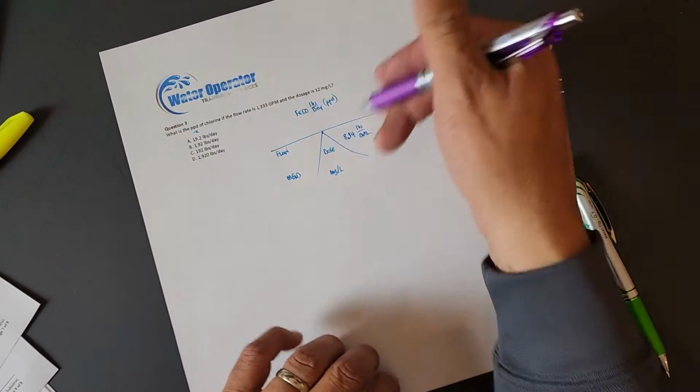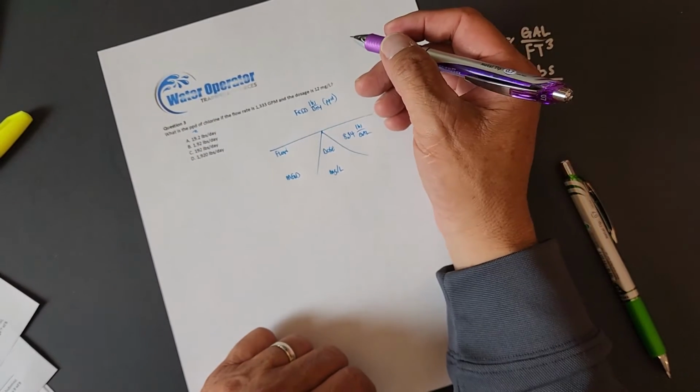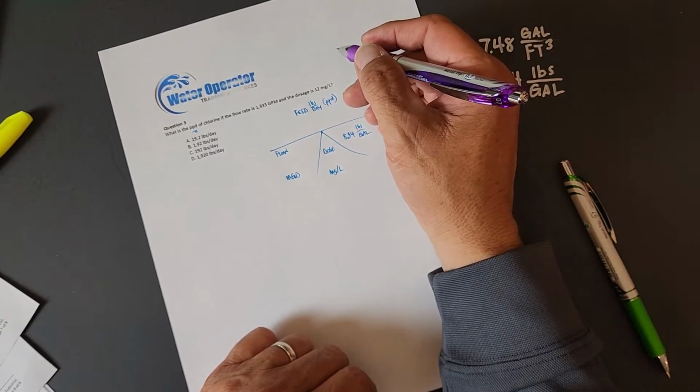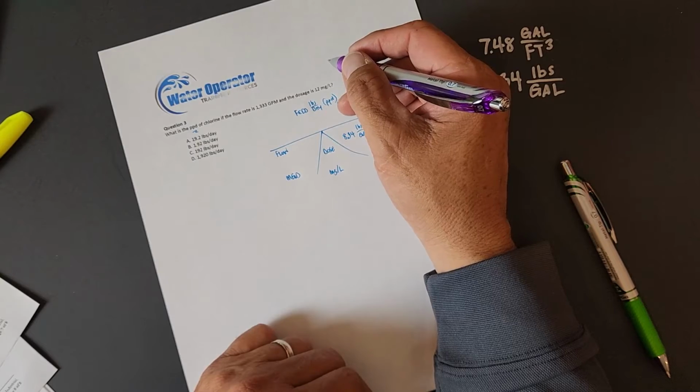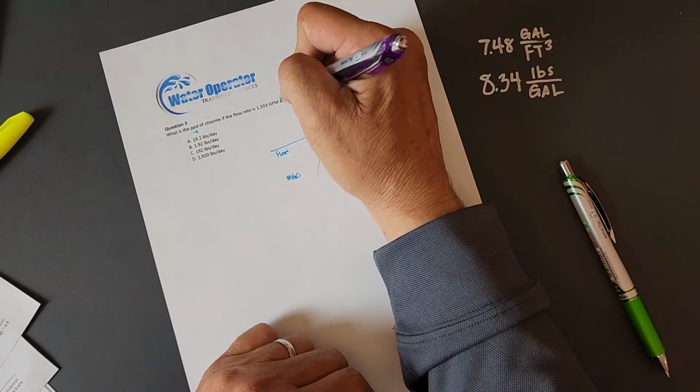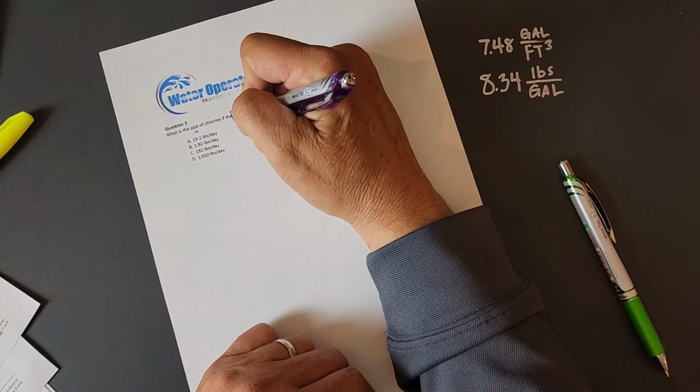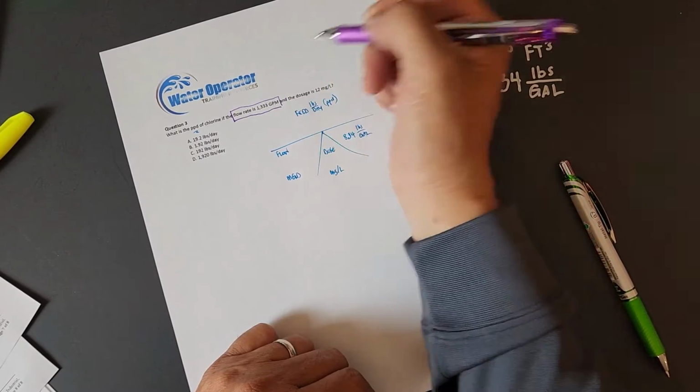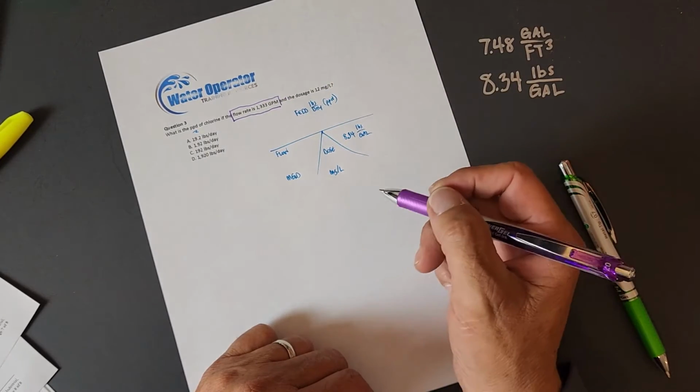So let's draw these variables out here. We want, well, look at this. The flow rate is in 1,333 gallons per minute.